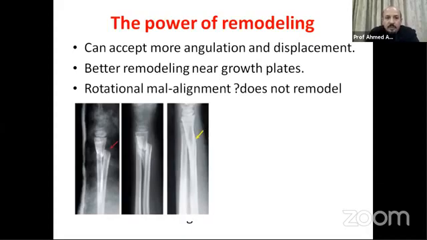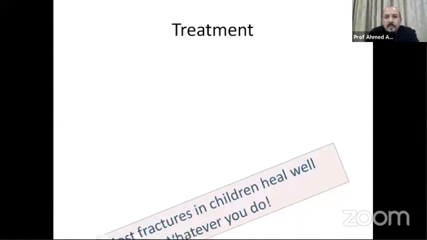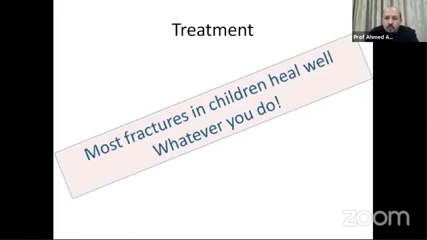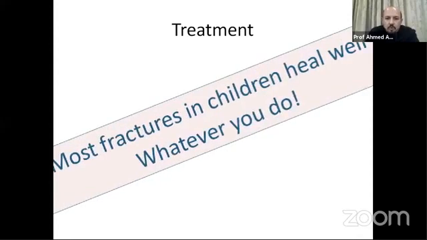But don't forget that rotational malalignment doesn't remodel. Regarding treatment, it is very important to remember always that most pediatric fractures heal well, whatever you do. This includes also diaphyseal femoral shaft fractures that heal well, whatever you do.